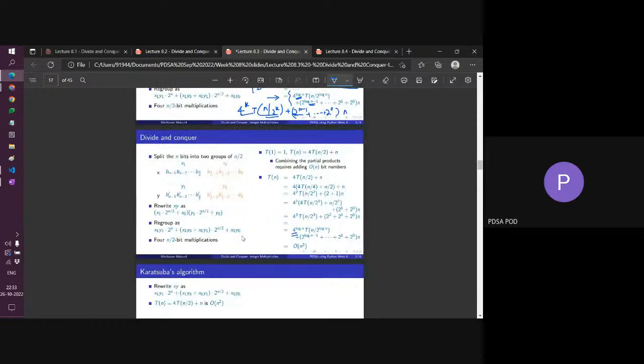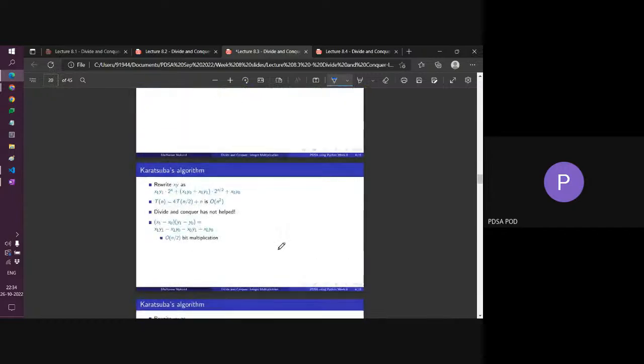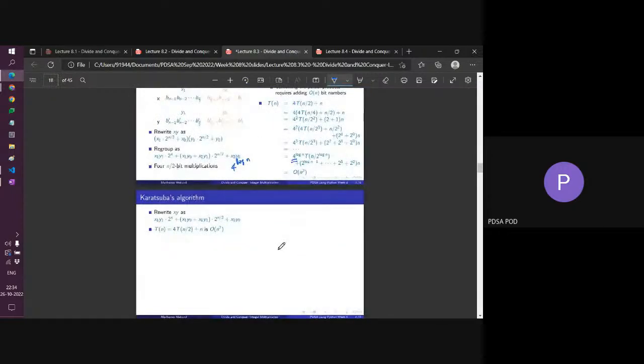Now 4 power log n, right? This you can write as, so a power log b, you can actually write it as b power log a, right? Is it correct? Anybody knows? Okay, let me try to figure it out. 4 power log n, so you can actually write it as z equal to 4 power log n.